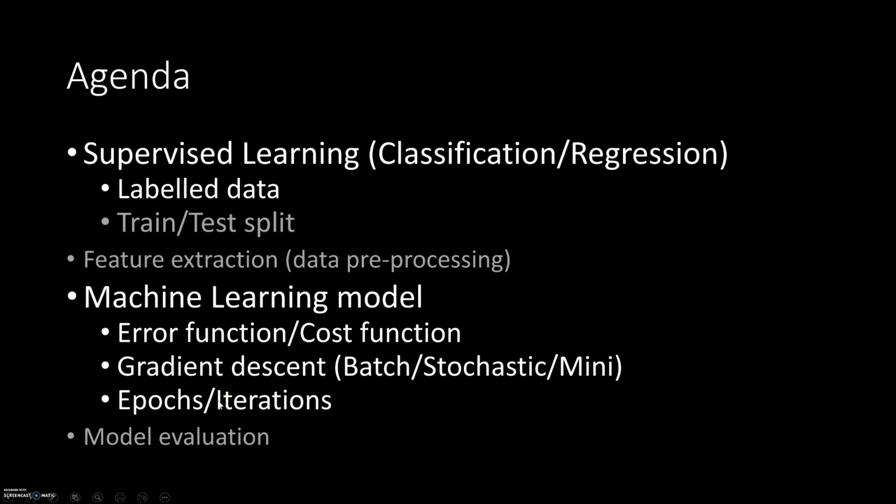We will not go into feature extraction. We will not go into how to do the test train split. We will not do model evaluation. So I'm going to singularly focus on how to train a machine learning model. So if that's what you want to learn, then please stay with me and let's get started.